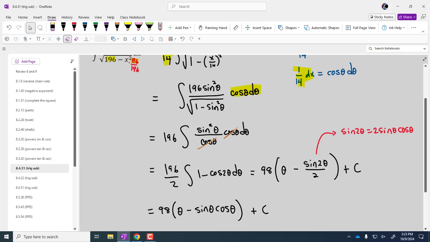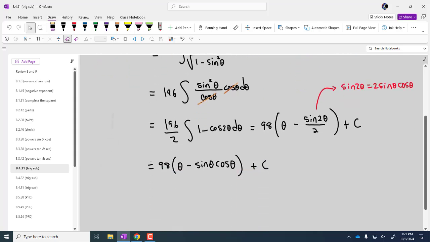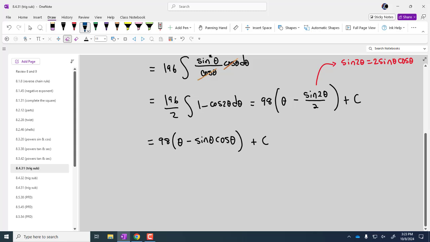Now we've got to go back to our original. Sine is equal to x over 14. So sine of theta is x over 14. Now we're going to build a triangle as if it's in quadrant 1 of the unit circle. We want sine of theta to be x over 14. Sine is opposite over hypotenuse. So we want opposite over hypotenuse to be that.